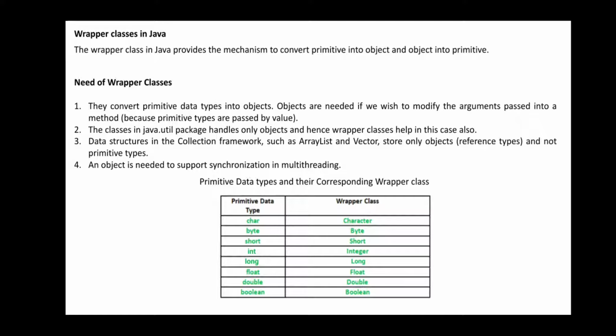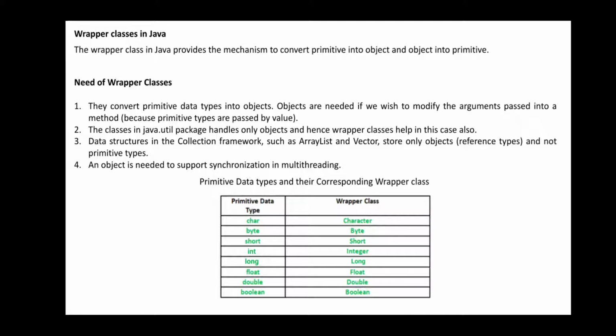If there is a declaration of small int, that is a primitive data type, it can be converted to a wrapper class by defining a different name for it: int becomes Integer. That is the conversion of a primitive to an object and an object into a primitive data type. A simple example has been given.